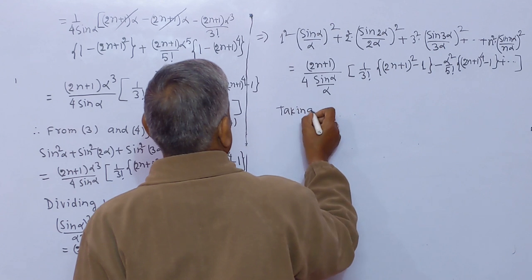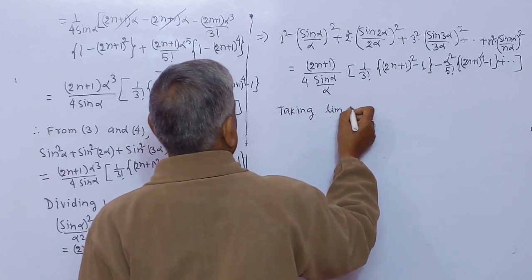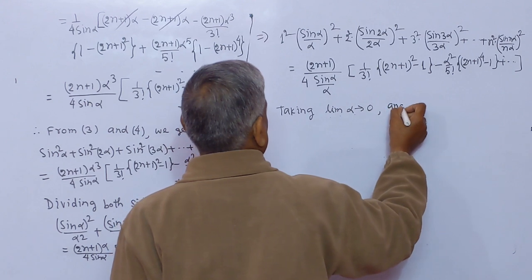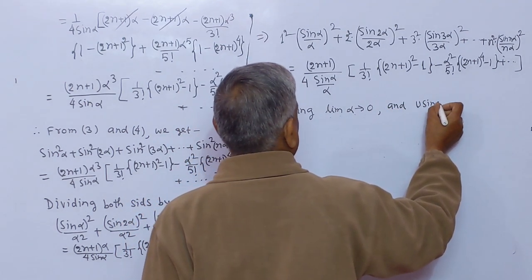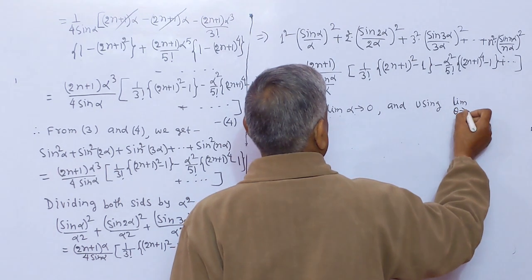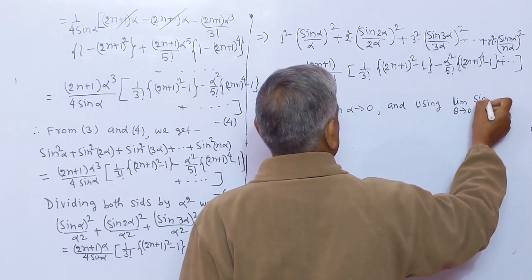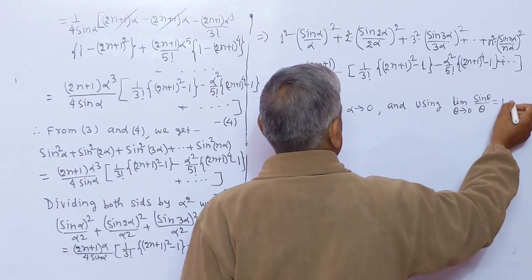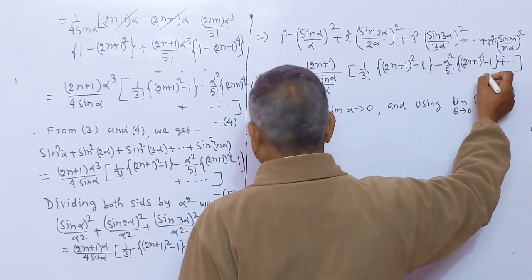Taking limit alpha tends to 0 and using limit theta tends to 0 of sine theta by theta equal to 1. Let this be number 6.